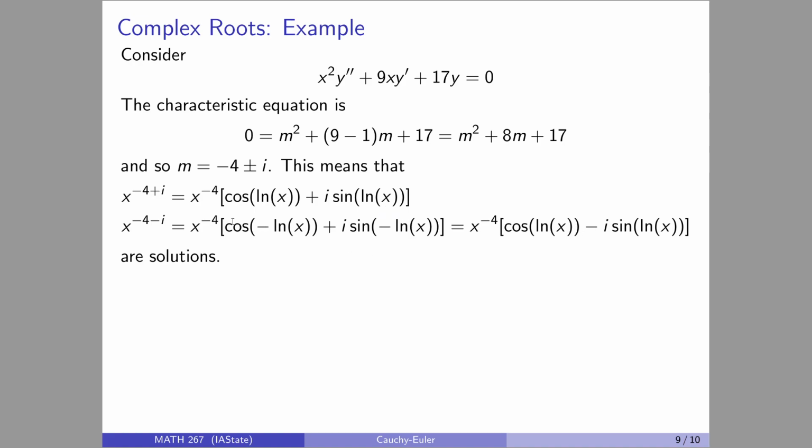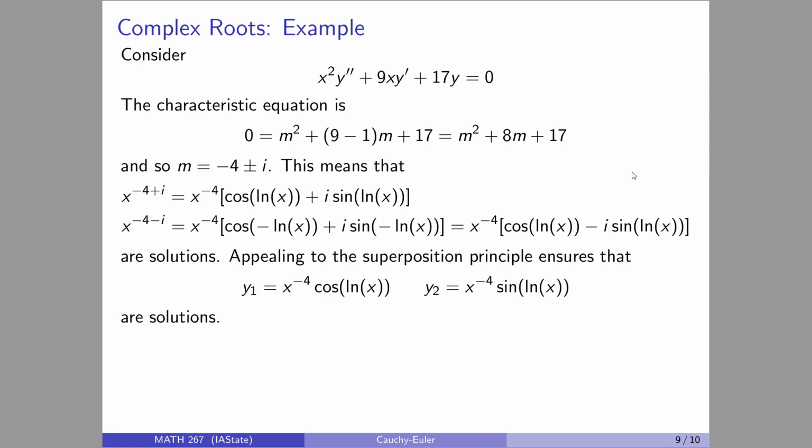Shouldn't be too surprising because -4 plus i, -4 minus i are conjugate pairs, right? The conjugate of this is that. So this number is the conjugate of that one, also not too surprising. And because of that, we can use superposition to isolate the real part and the imaginary part. And you get this, very similar to what we saw with complex roots in the constant coefficient case.